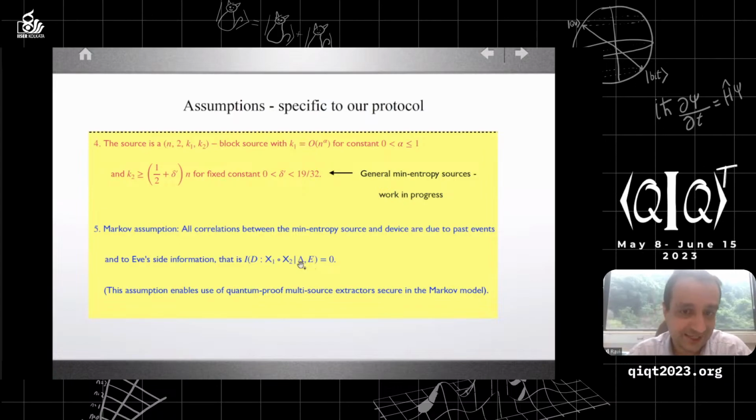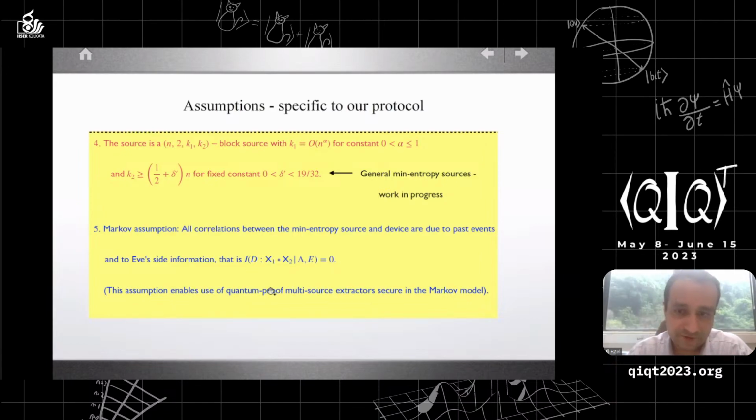Remember, lambda is the classical side information that the eavesdropper holds about the source, and E is the quantum side information that the eavesdropper holds about the device. Conditioned upon the eavesdropper side information, the correlations disappear, which means that the device and the source are conditionally independent.